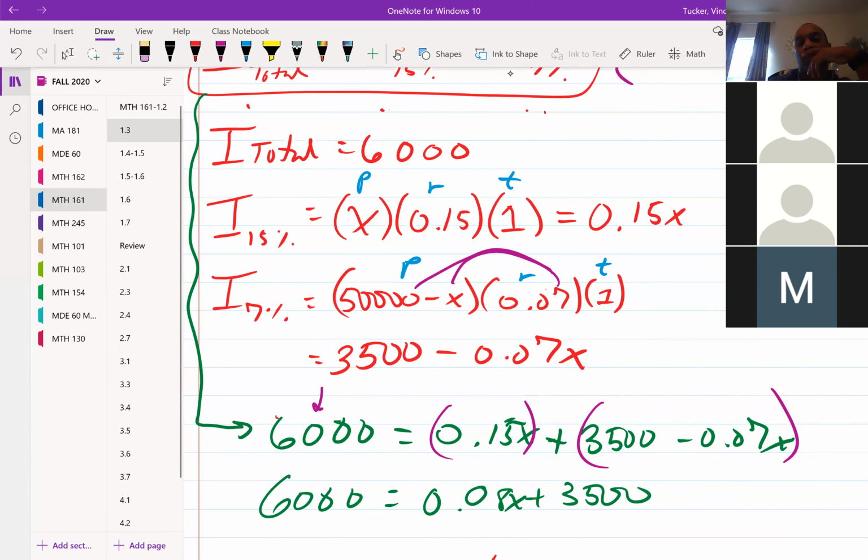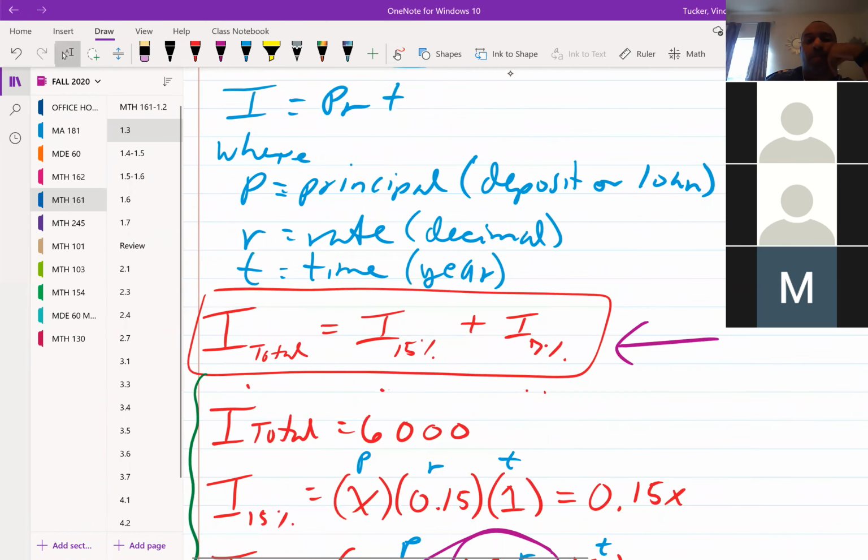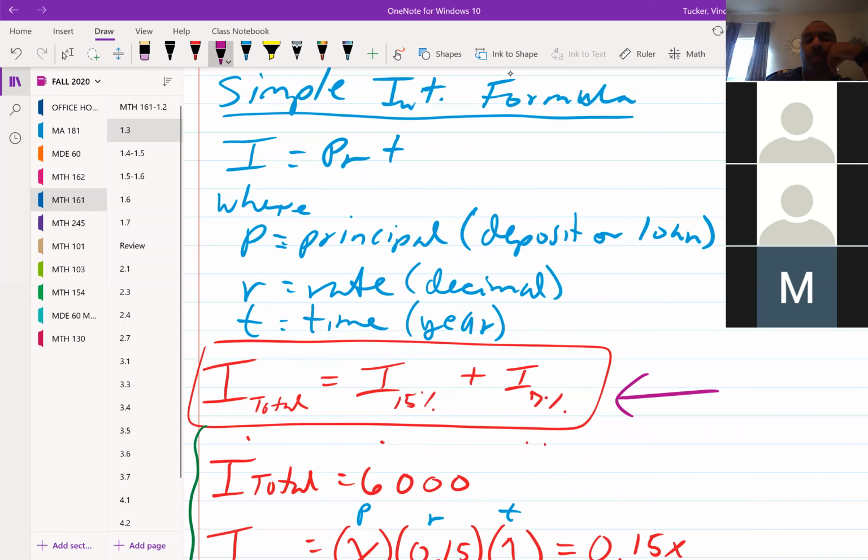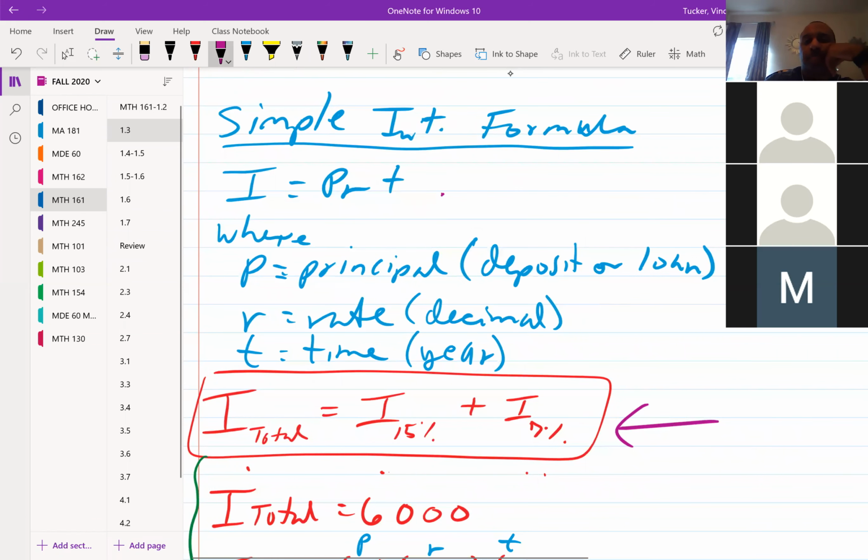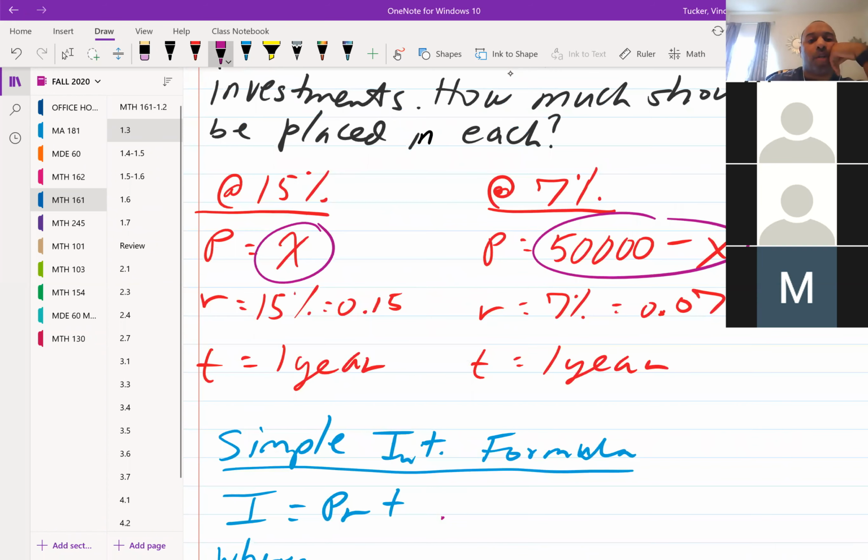Whenever you have an interest problem like this, because you will see at least one like this, this is how you would do it. Like I said, use the PRT in order to calculate your simple interest. This relationship right here is the part that most people get caught up on.